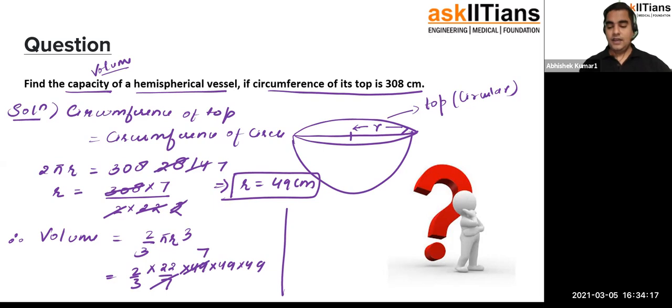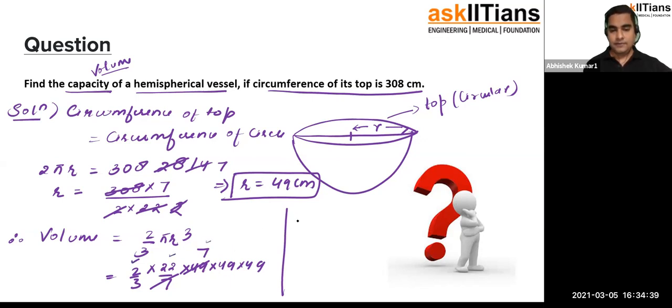So you have 30 seconds. Please simplify it and let me know what you are getting, guys. You have to multiply 2 into 22 into 7 into 49 into 49.